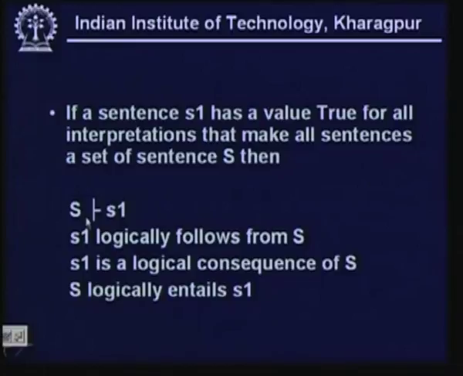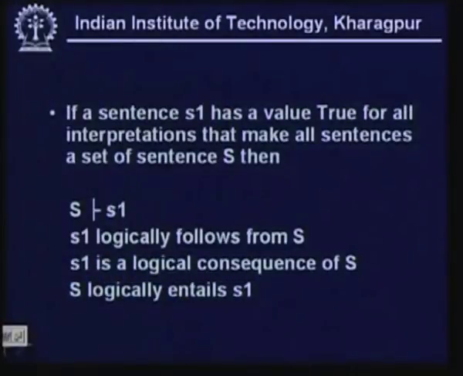In other words, S1 logically follows from S, or S1 is a logical consequence of S. So now we no longer remain vague about when we say that this thing logically follows from that thing. A particular interpretation, when it makes the set of sentences S true, will also make the new candidate sentence S1 true.